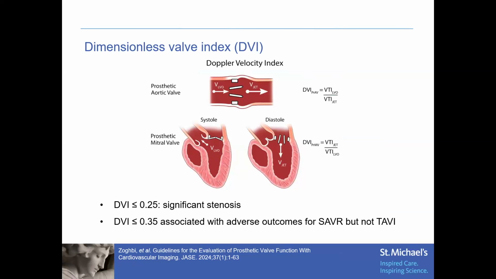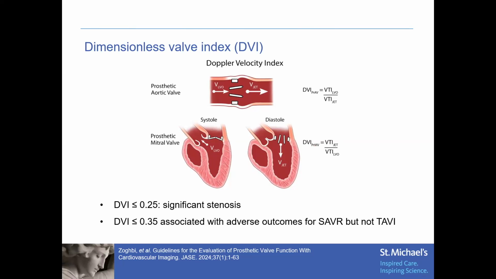Another helpful parameter is the dimensionless valve index, which is basically a ratio of the VTIs or the velocities across the prosthetic valve. So you're looking at the LVOT in comparison to downstream of the valve in the ascending aorta, and what that ratio is.